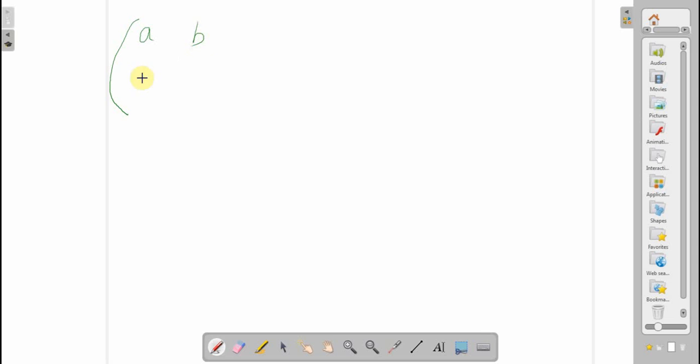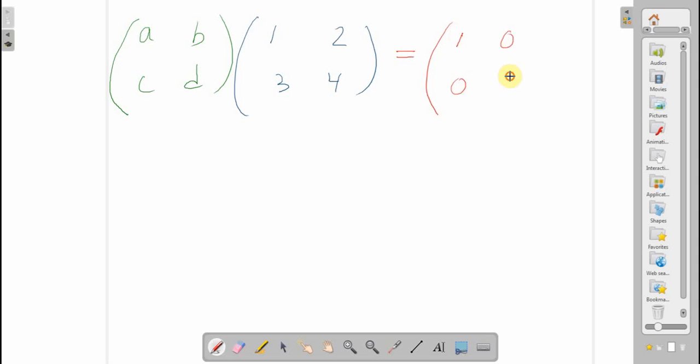So we're looking for A, B, C, D. And then we're going to multiply by A, 1, 2, 3, 4. And we should still get the special array or matrix 1, 0, 0, 1.